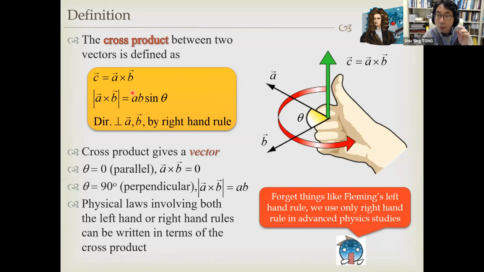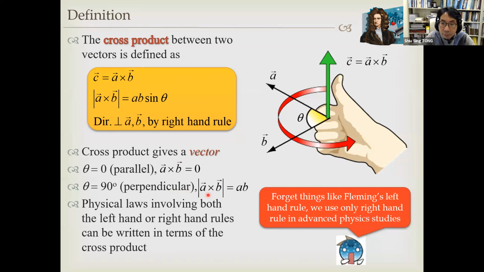So the cross product between two vectors results in another vector. It is not a scalar. In a dot product we get a scalar, but the cross product between two vectors gives you another vector, and that vector has a direction defined by the right-hand rule.